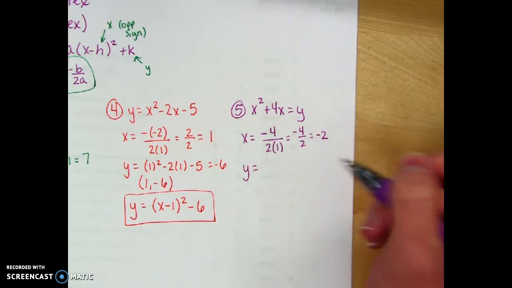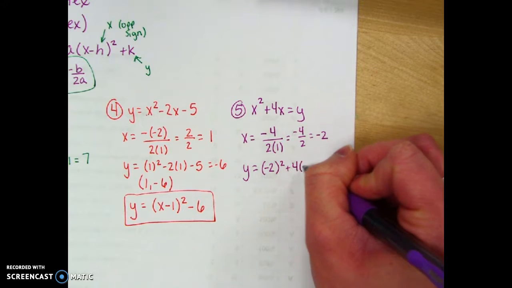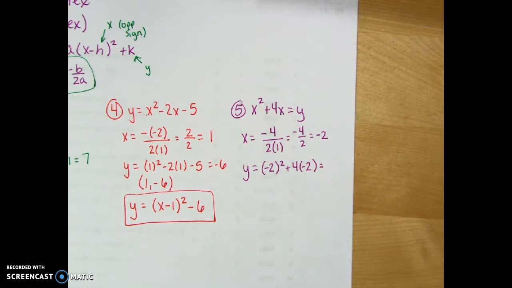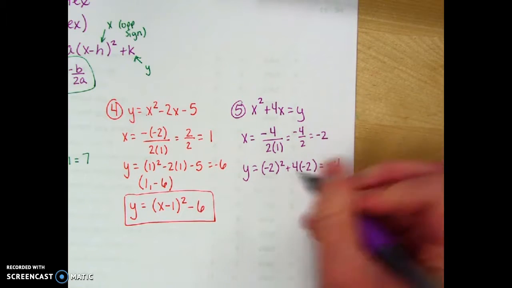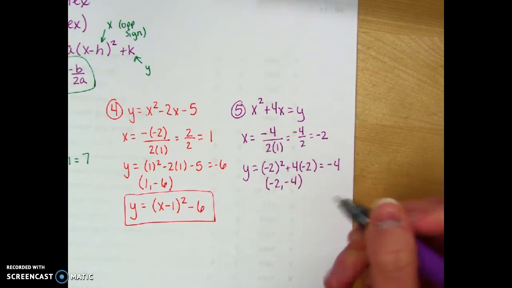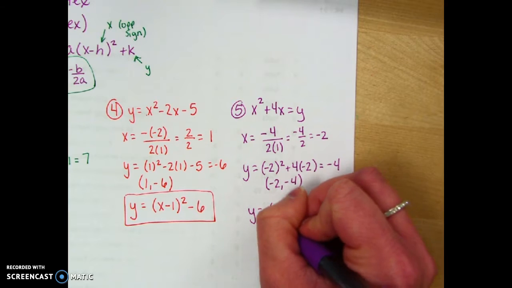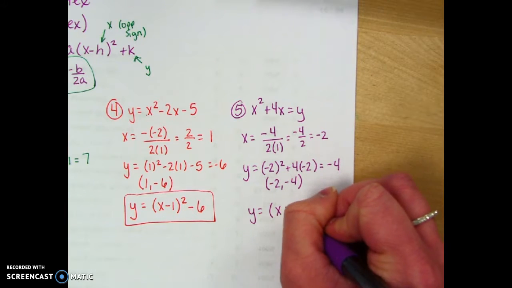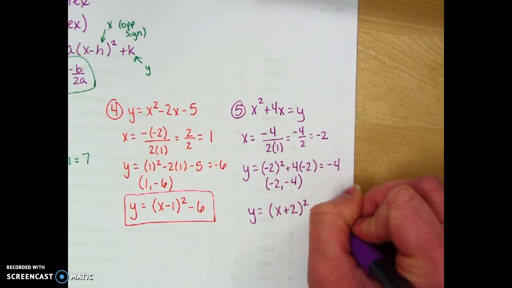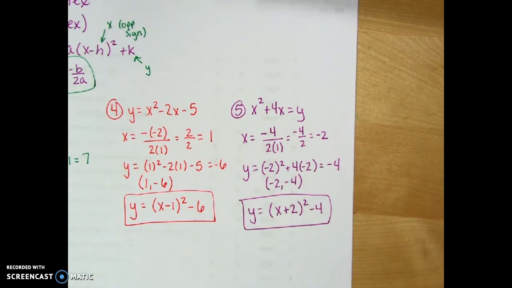So y equals negative 2 squared plus 4 times negative 2. That's negative 4. So vertex is negative 2, negative 4. And now my equation is going to be x plus 2 squared minus 4. And that is the same answer we got doing it the other way.